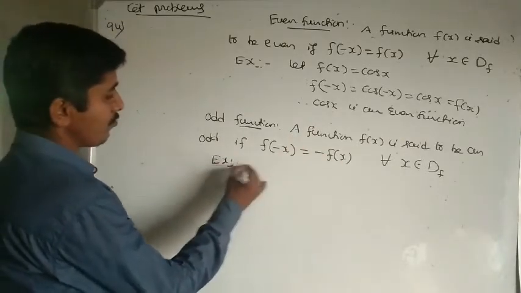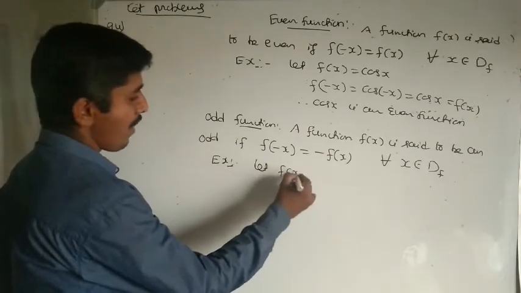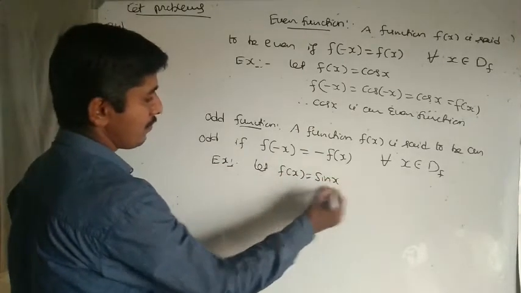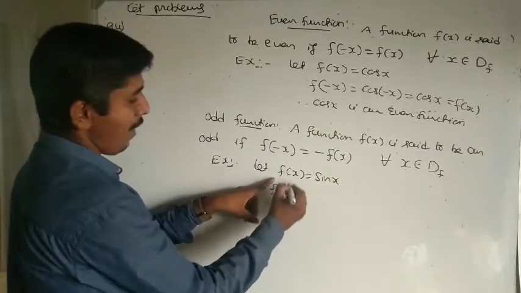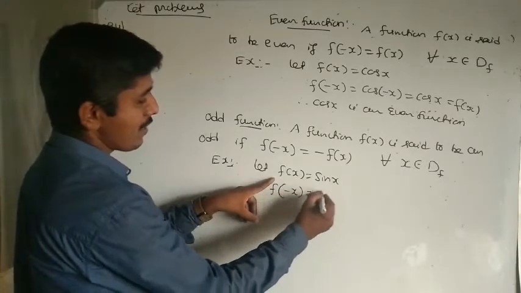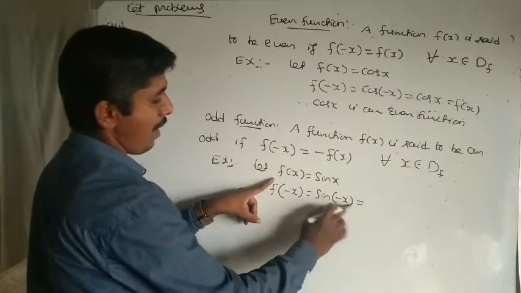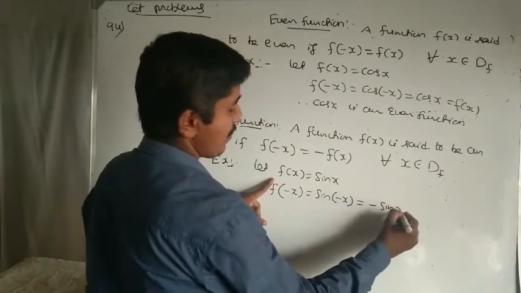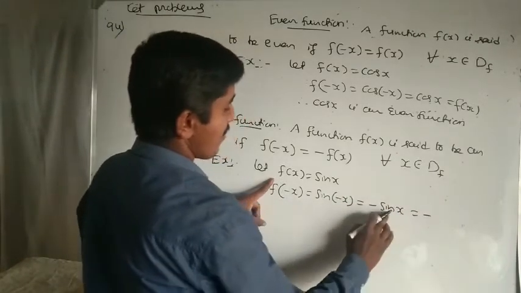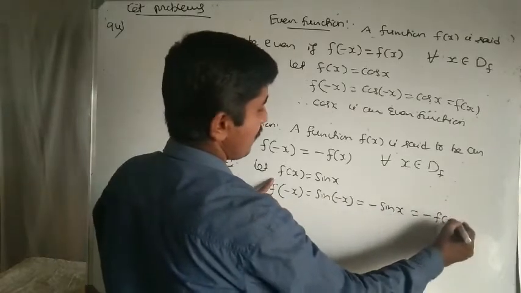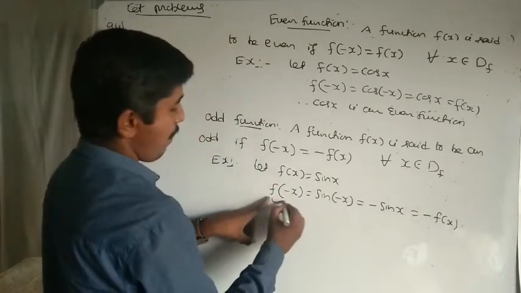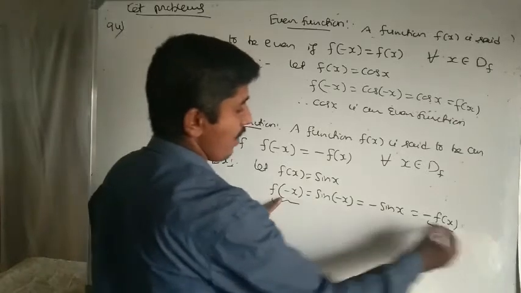Example, let us take f(x) equal to sin x. Here replacing x by -x, f(-x) is sin(-x), and sin(-x) is -sin x, that is -f(x). Correct. f(-x) equal to -f(x).